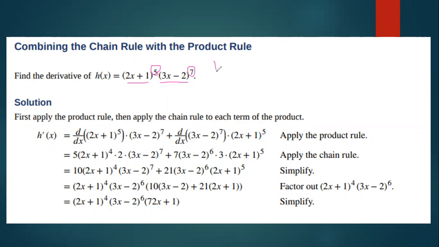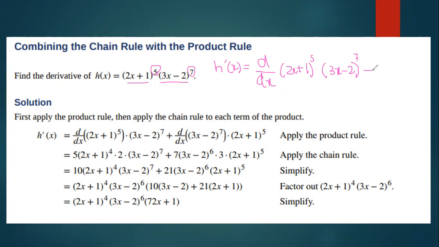So this will be h derivative of x, which will be equal to the derivative of the first, d upon dx of the first value, which is (2x plus 1) whole power 5, into the second as it is, so (3x minus 2) whole power 7.